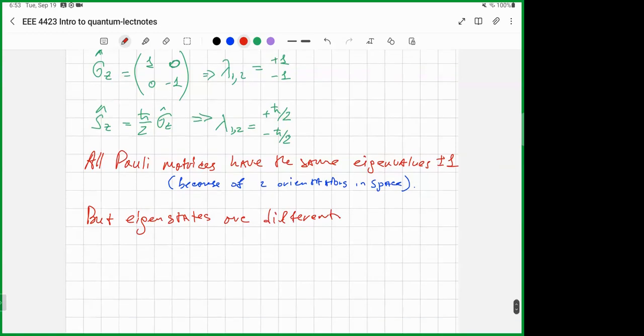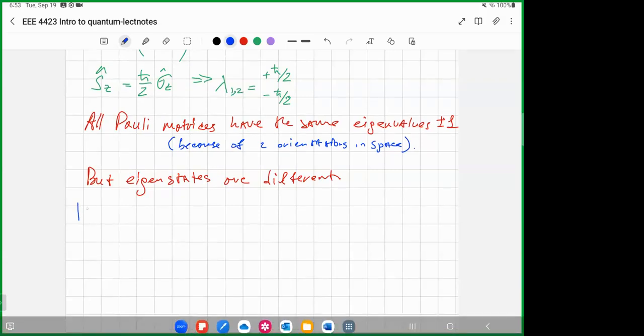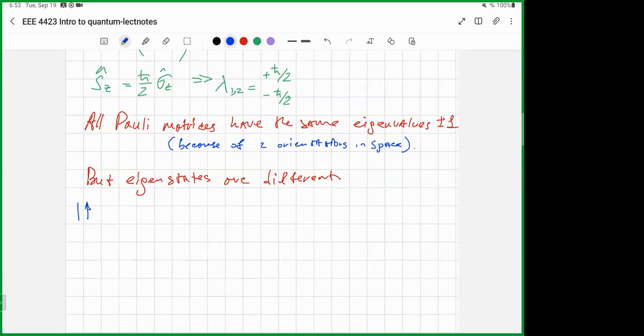And since we will need these eigenstates of the spin, let us make a table. For the z component of the spin, we have up and down states, given by the basis vectors 0 and 1.